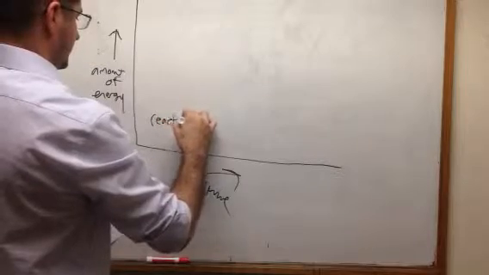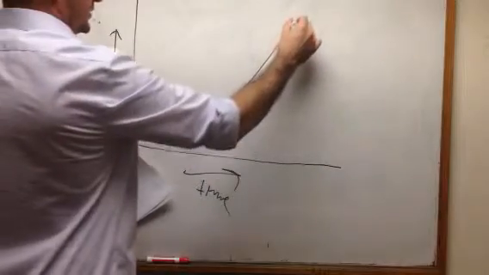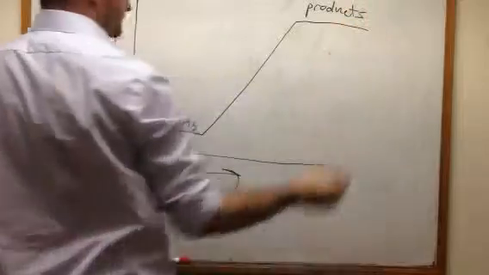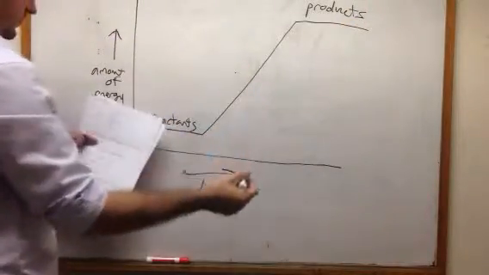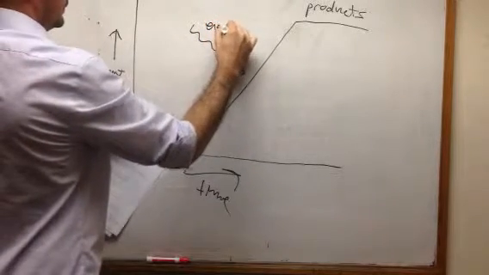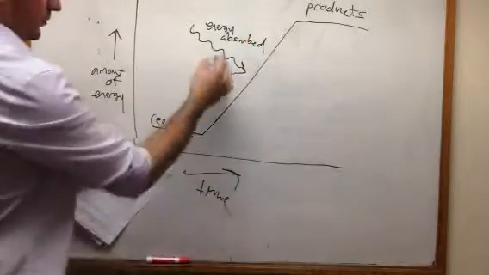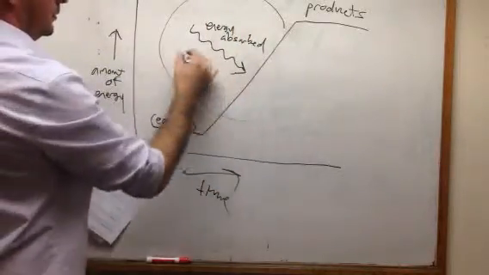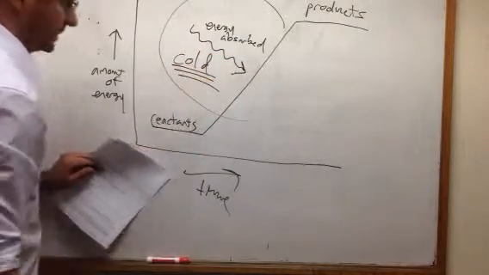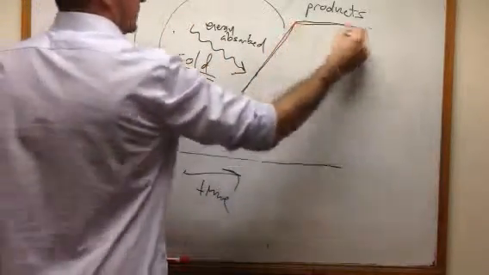You have your reactants, okay, down here, they absorb energy, and then they become the products. So what would happen? Energy needs to be absorbed, okay? This means that the surroundings are going to be very, very cold, because it's pulling the energy from the surroundings to make the products.